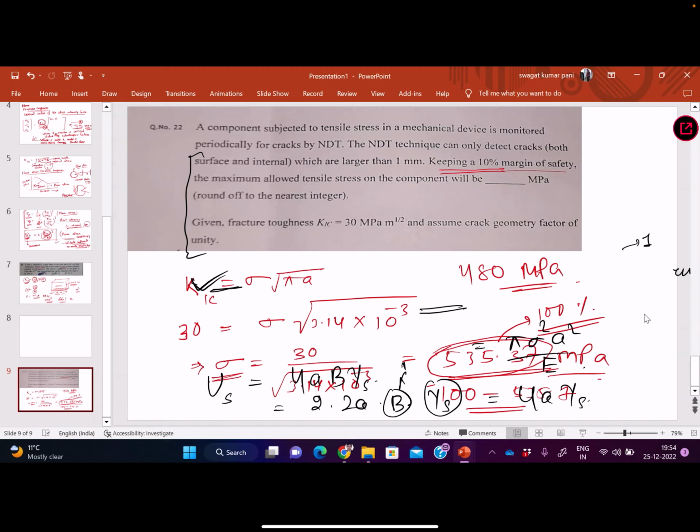No, it cannot be a center crack; assume crack geometry factor of unity. For unity, that is for a center crack. Try using 0.5 mm. Can you tell me what result you are getting?